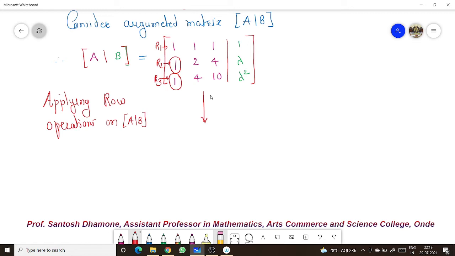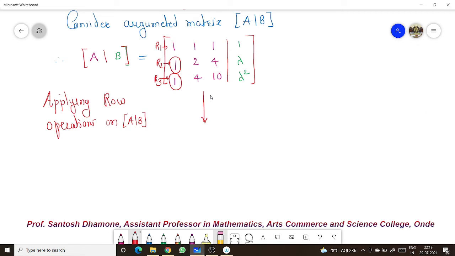Here, what is the rank of matrix A? There are two non-zero rows. The third row is 0, therefore the rank of matrix A is 2.